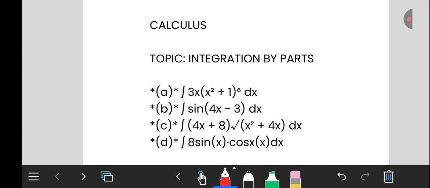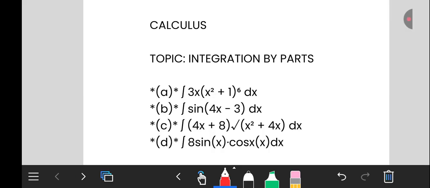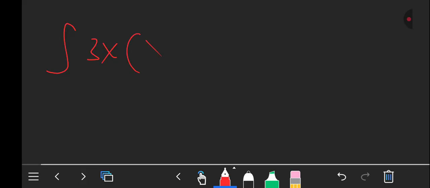We are dealing with integration by parts. So the first one we have is the integral of 3x open bracket x squared plus 1 to the power 6 dx.